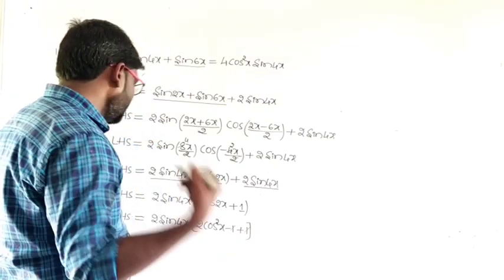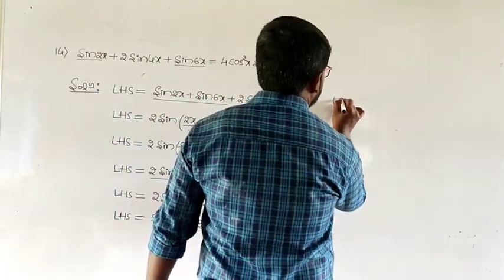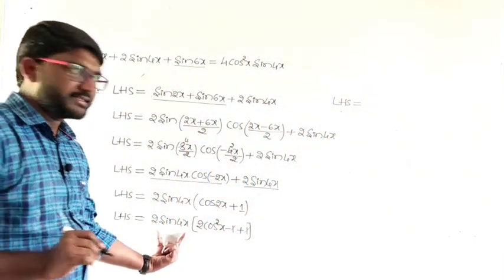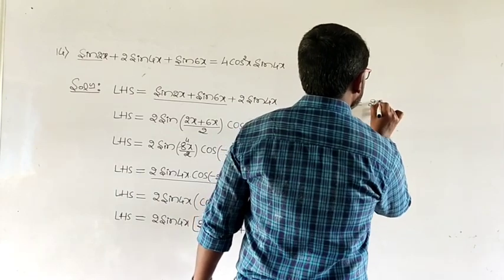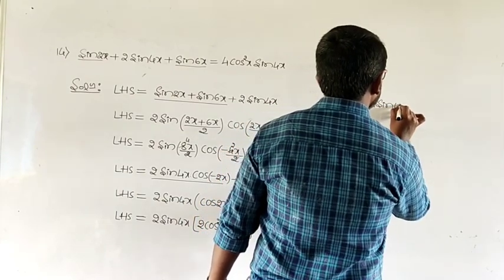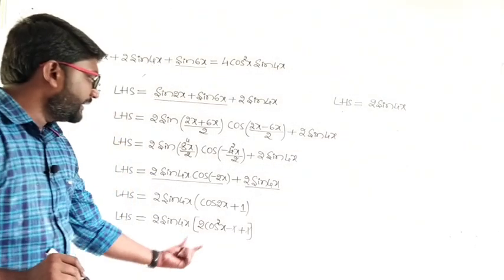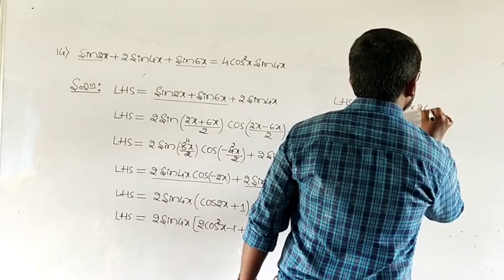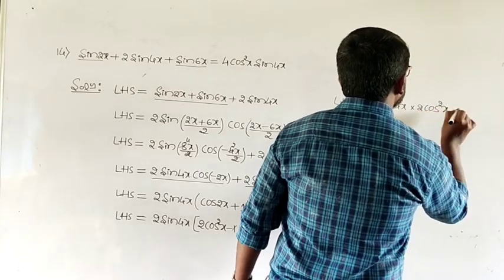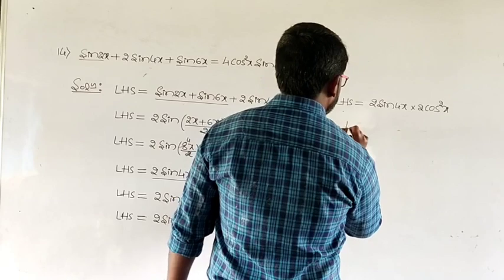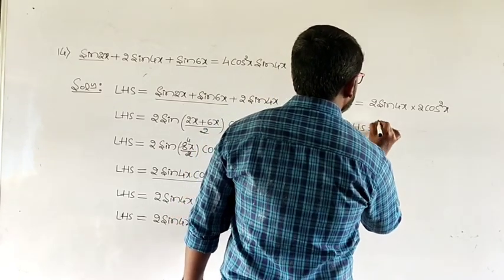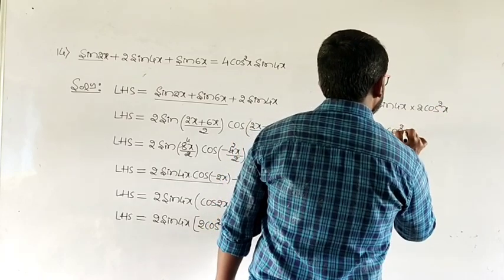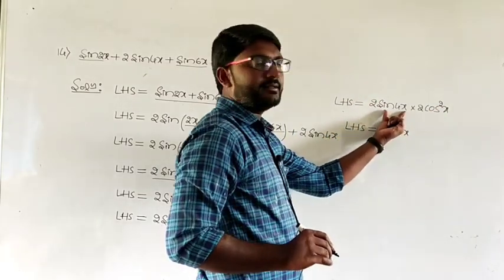Then I write the remaining terms. Left hand side is equal to 2 sin 4x as it is, then into 2 cos square x. Now rearrange the terms: 2 into 2 is 4, I write cos square x in the beginning, and at the end I write sin 4x.